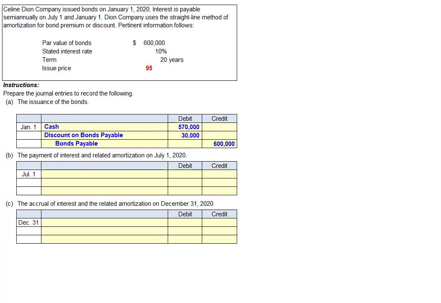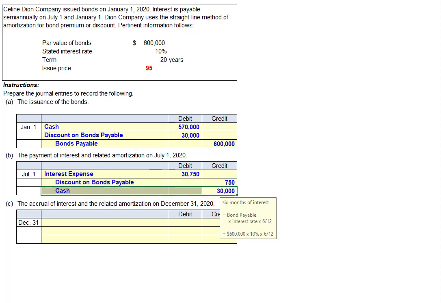Let's take a look at the calculation of our interest payment and related amortization and interest expense on July 1st, 2020. Our interest expense is going to be $30,750. That's going to be the amortized discount of $750, and again, that's $30,000 divided by 20 times 2, plus the actual cash we pay, which was $30,000.